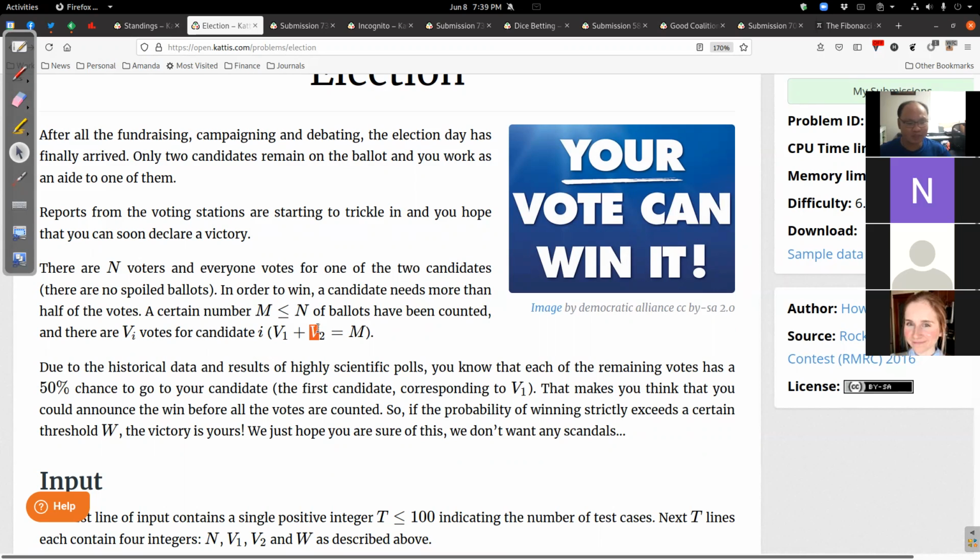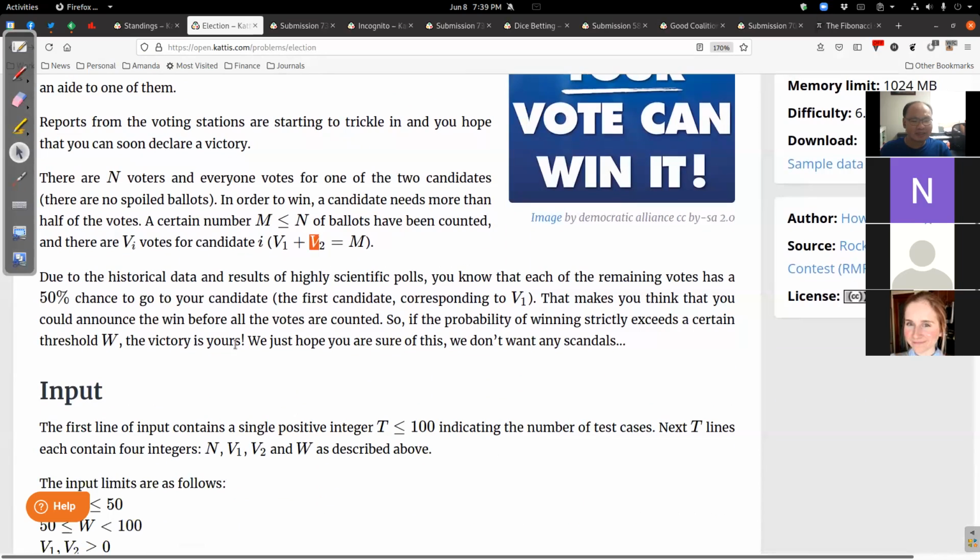So, you know, on election night, they will start counting, and at some point, they will count 10% of the votes, and they say, we now announce that candidate 1 has won the election. And then you say, well, what the heck? Only 10% of votes have been counted. How can you say that? So this is kind of a problem on that.